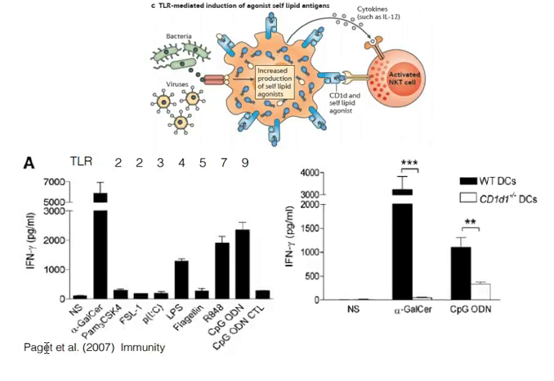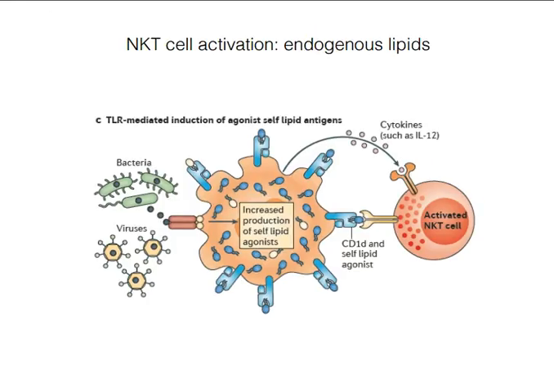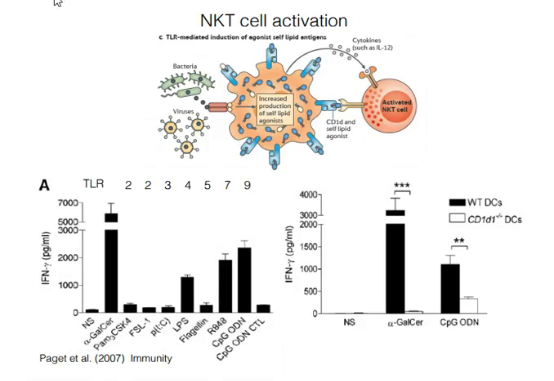And this was Paget et al. 2007. So when we're dealing with endogenous or self-lipids, because they reckon that the signal is not as strong, we need cytokines as well to actually activate the NKT cells.